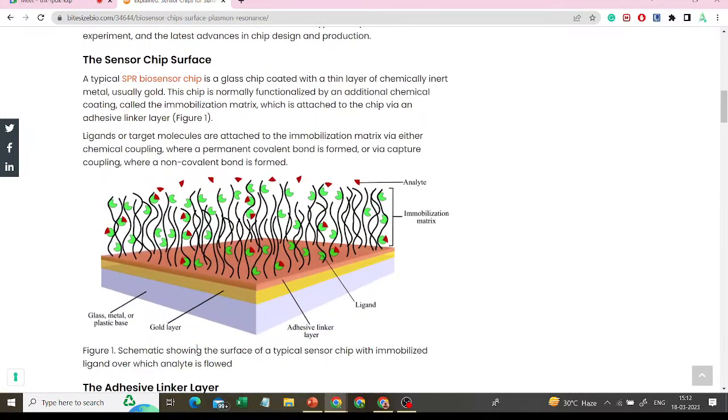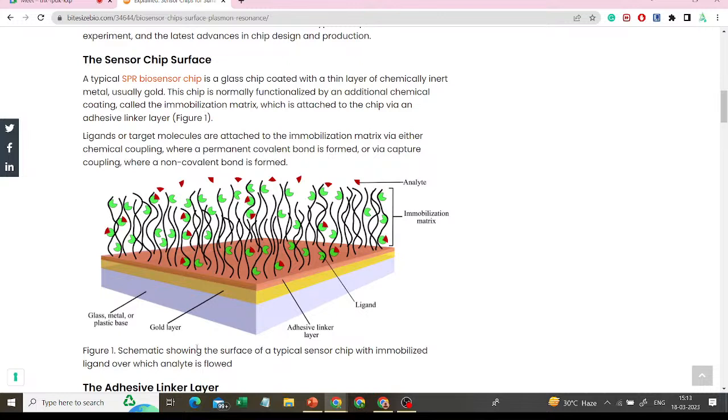This is a typical SPR biosensor chip, which is a glass chip coated with a thin layer of chemically inert metal, that is your gold. The chip is normally functionalized by an additional chemical layer, which is attached to the chip by an adhesive linker layer. Why is this done?